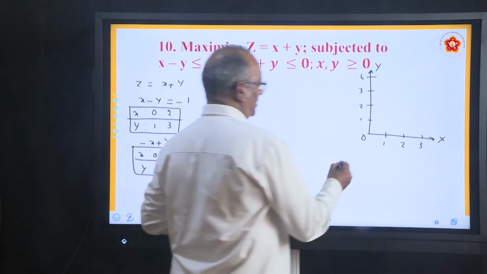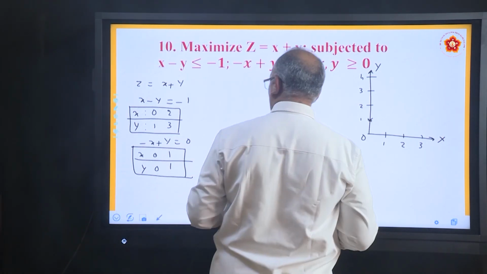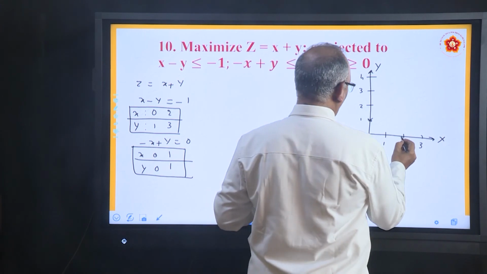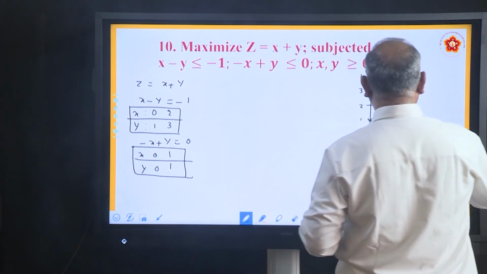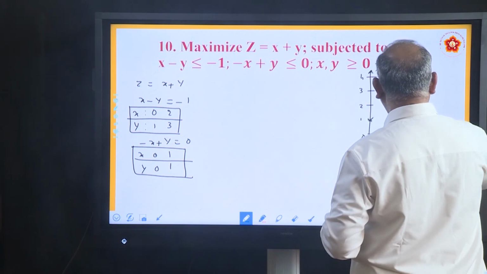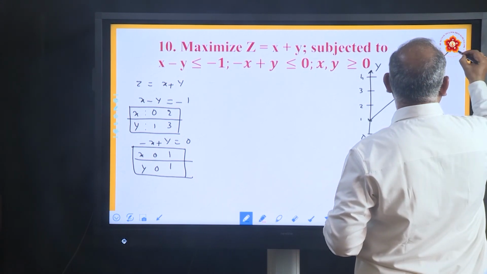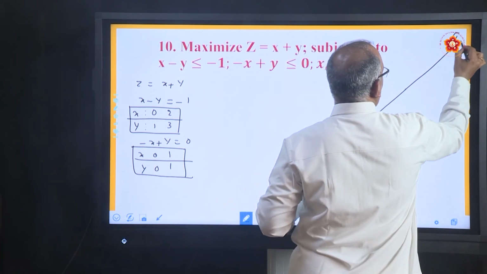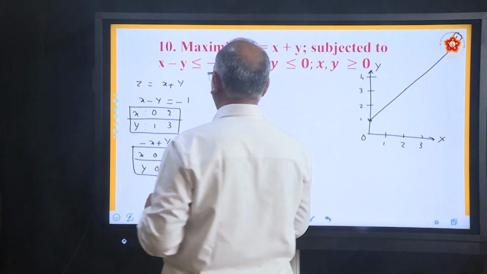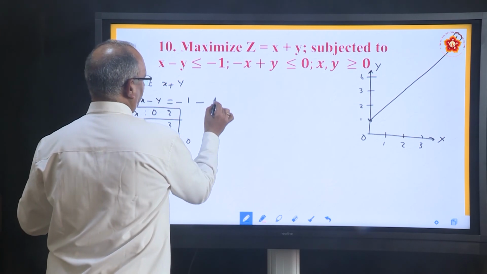X is 0, y is 1. Next 2, 3. X is 2, y is 3. Join these 2 points. This is the first line.